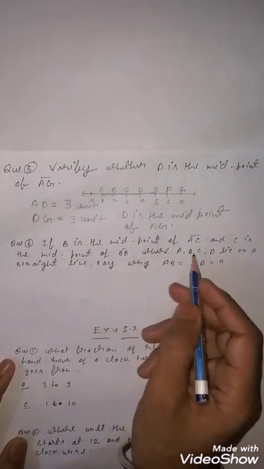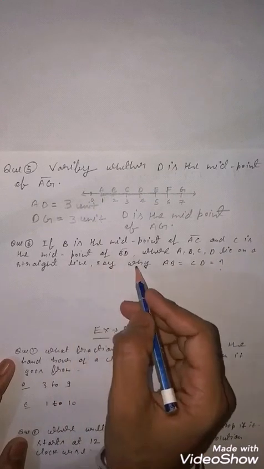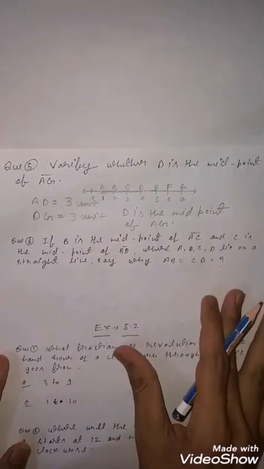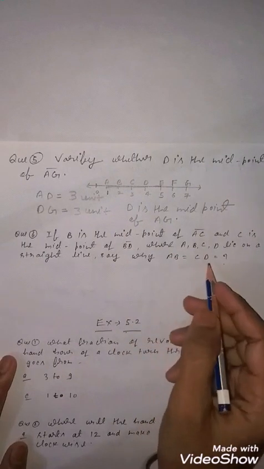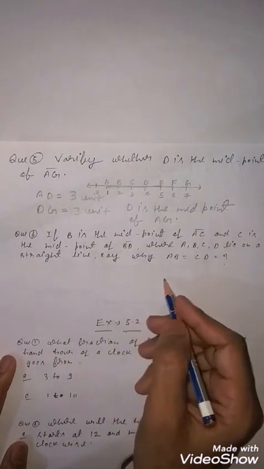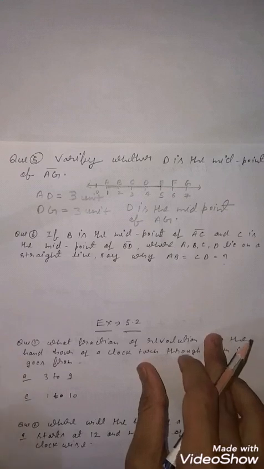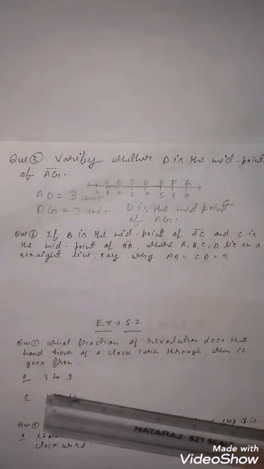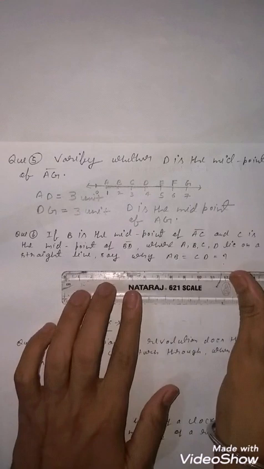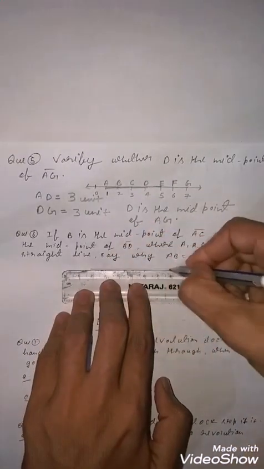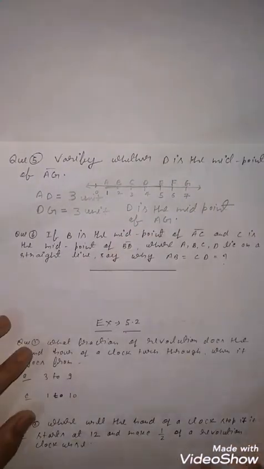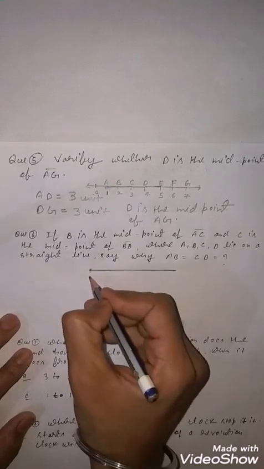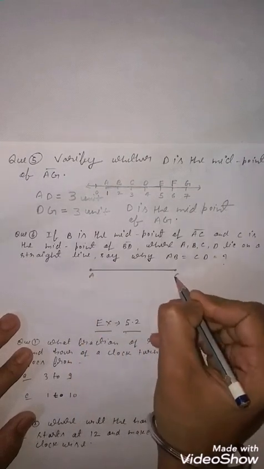If B is the midpoint of AC and C is the midpoint of BD, where A, B, C, D lie on a straight line, show that AB equals CD. Clear students? So now come to this question. First we will draw a line segment AC. Clear students?